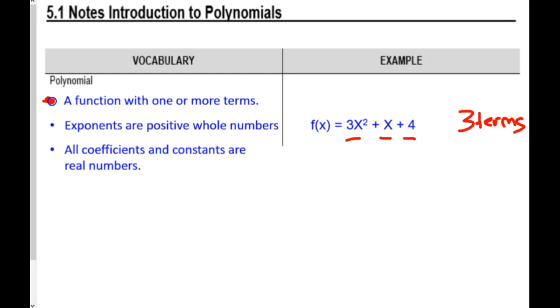The exponents have to be positive whole numbers. We're going to come back to that when we get to the backside. Coefficients and constants are real numbers. Okay? Real numbers.